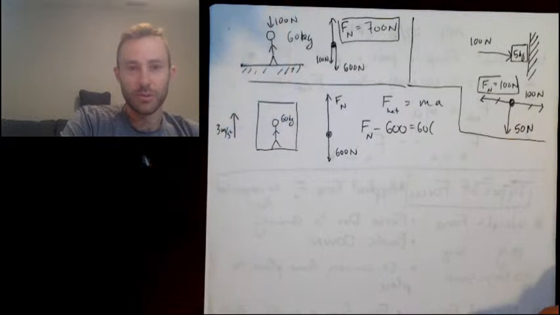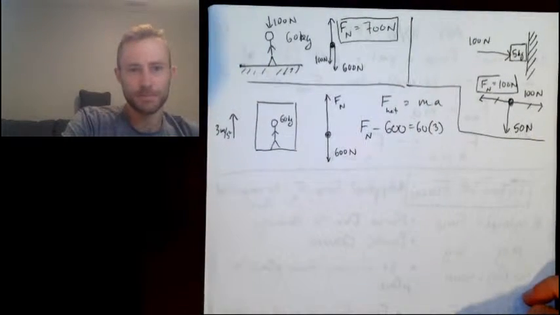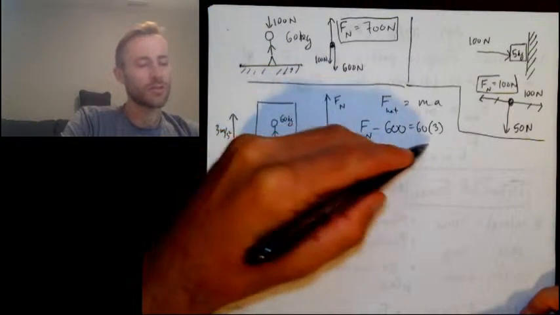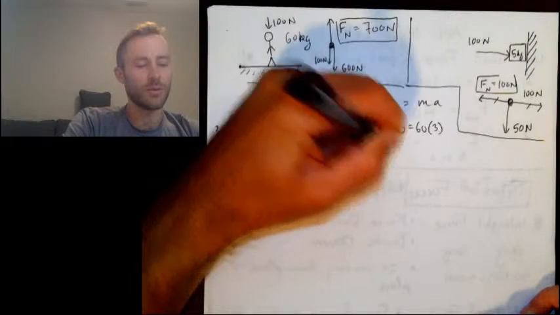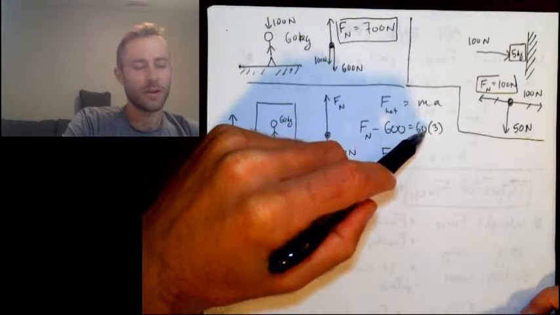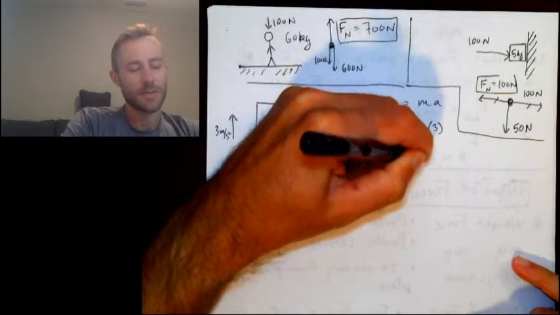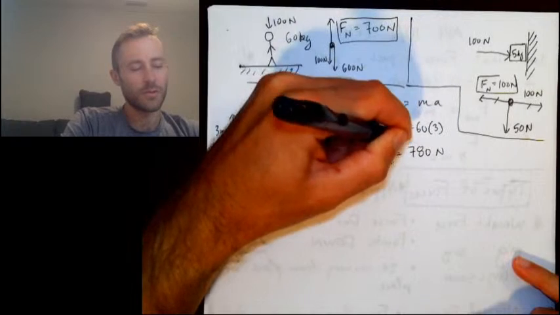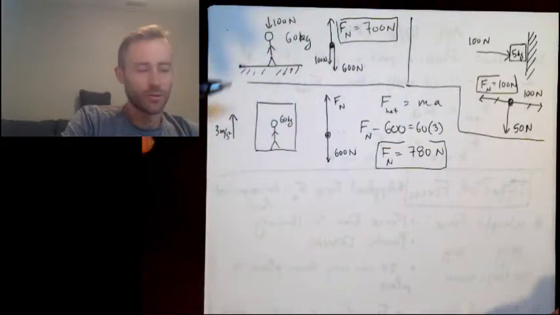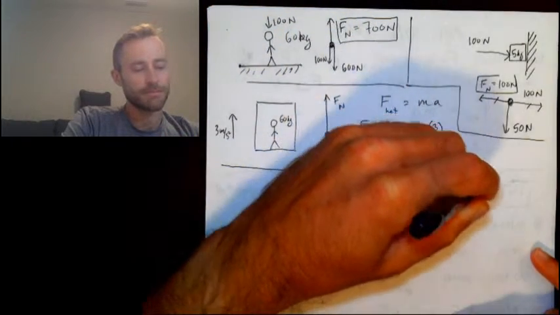The acceleration of the person is 3 meters per second squared because they are in the elevator, accelerating with the elevator. So solving this equation gives a normal force of 600 plus 180, so that is 780 newtons is the normal force. Okay? So I've given you 3 examples where normal force is not equal to weight force.